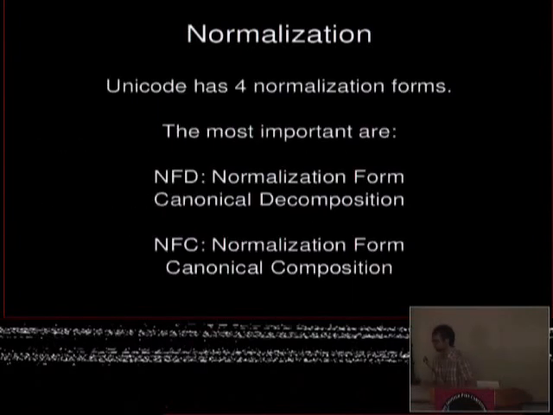So the reason we have these normalization forms is because I mentioned how you can have combining code points. Say you had your precomposed code point for A with diaeresis. You could also have A followed by combining diaeresis, and we would want to consider those to be the same thing.